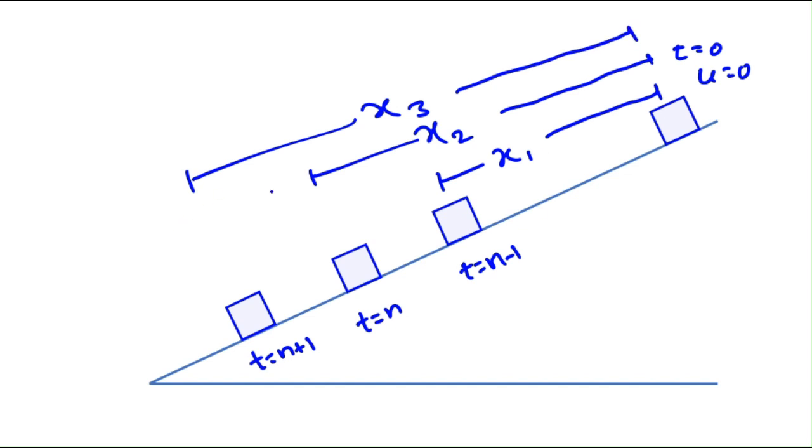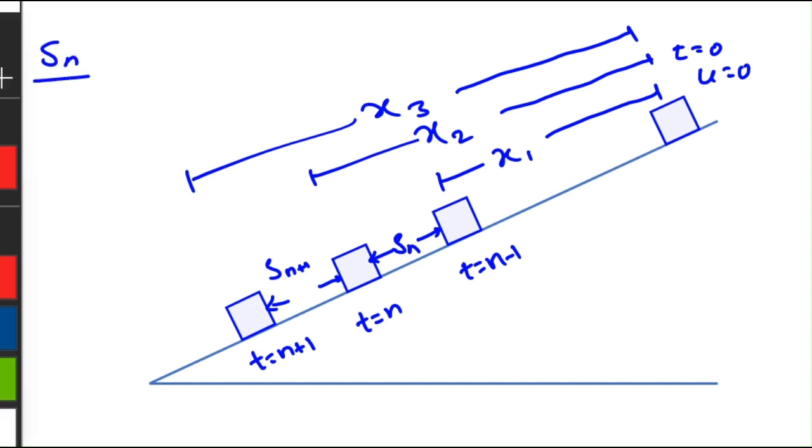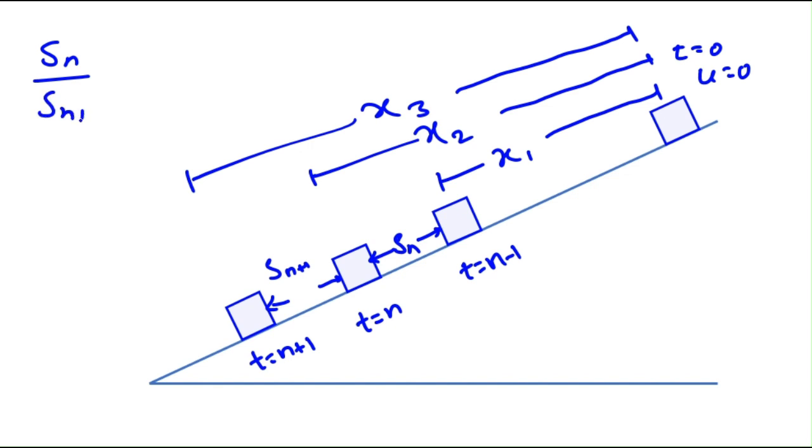So, from the question, this distance is Sn and this distance is Sn plus 1. And we have to find the ratio of these two distances, Sn by Sn plus 1. Okay, so this Sn is nothing but x2 minus x1, and this Sn plus 1 is nothing but x3 minus x2.